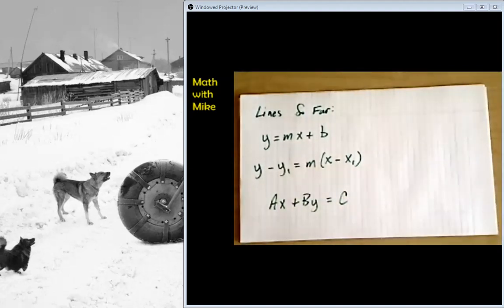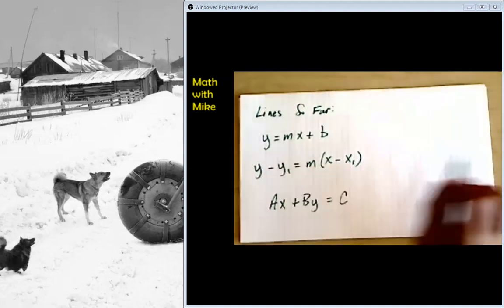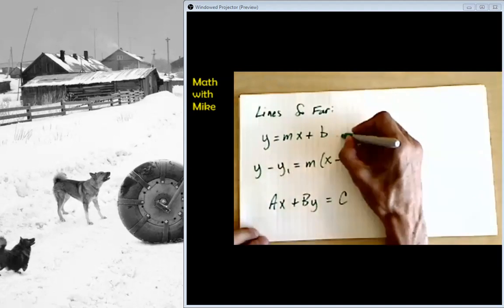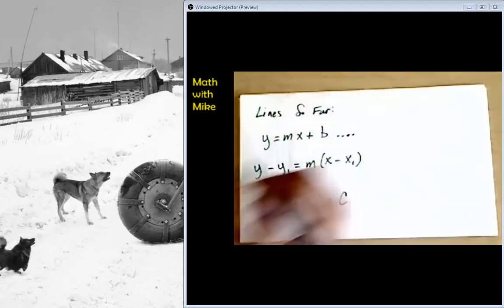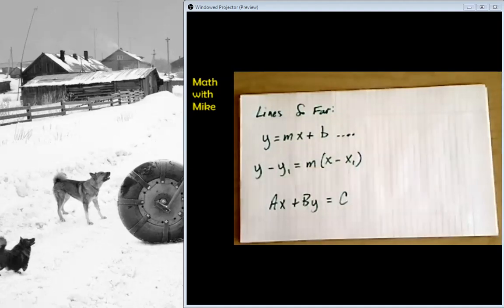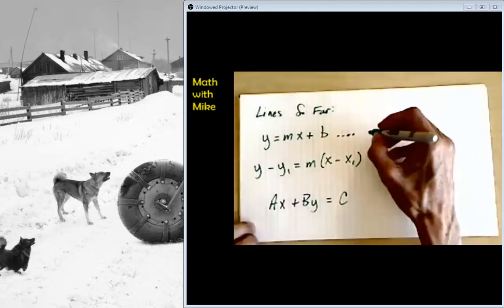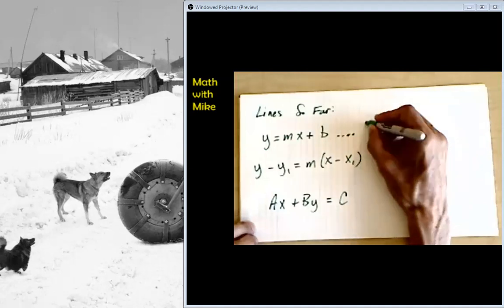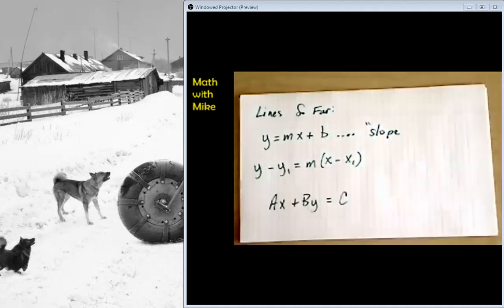So what was the name of this one here? You do have to keep that stuff straight. What was that style called? I'll give you a hint. There's slope in it. Slope something.